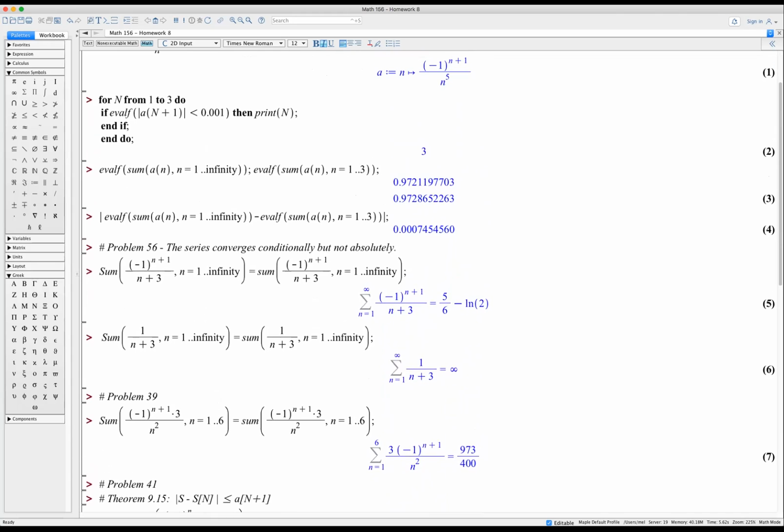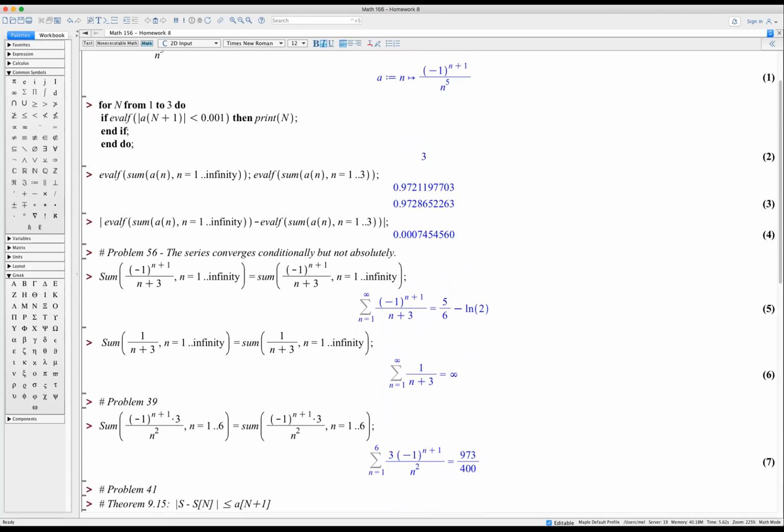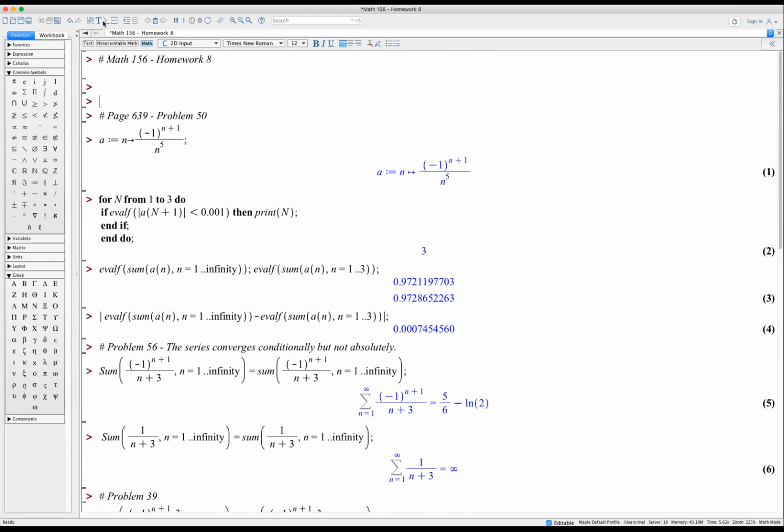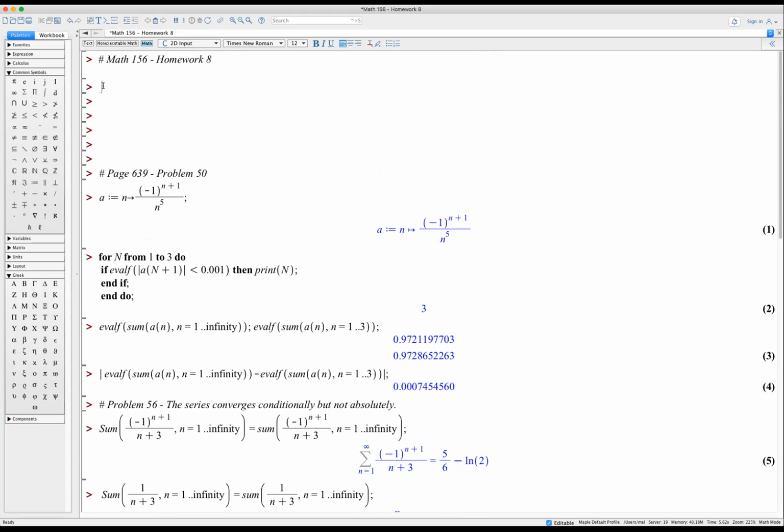Weird. Something's the matter with this Maple. So page 649. 48. 648. Problem, which problem? 66. 66.